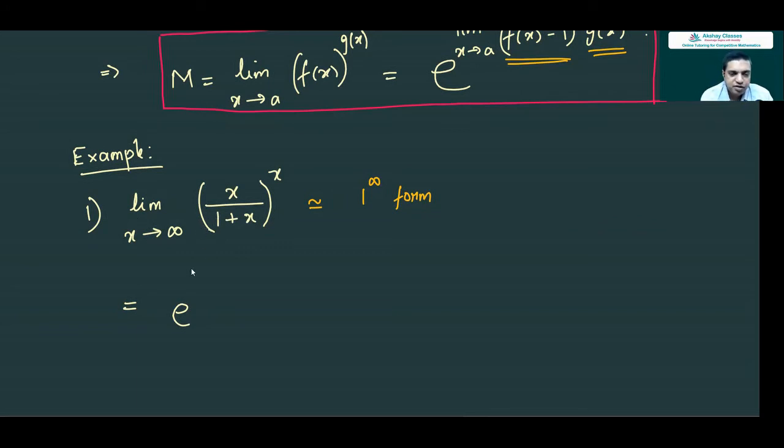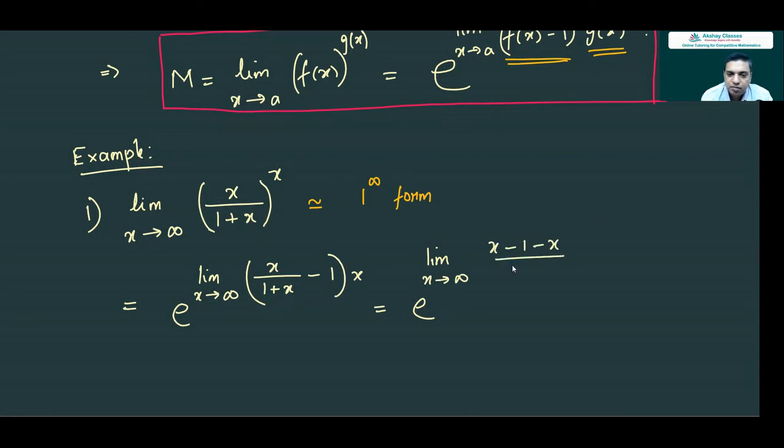Otherwise, you straight away write this result. So this is e power limit x tends to infinity of x by 1 plus x minus 1, into x. So this is x, this is x.